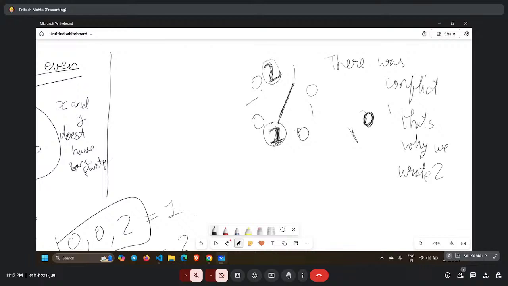Now let us see what will happen if two zeros are connected.